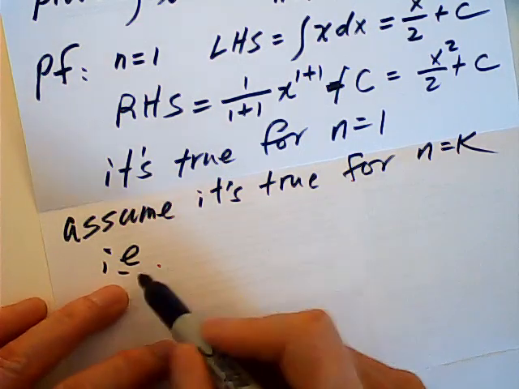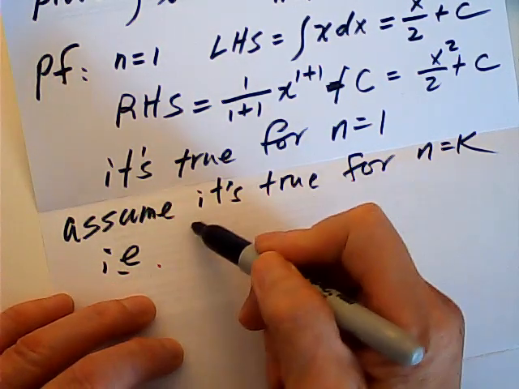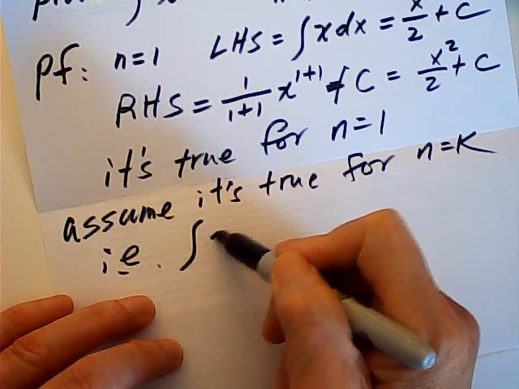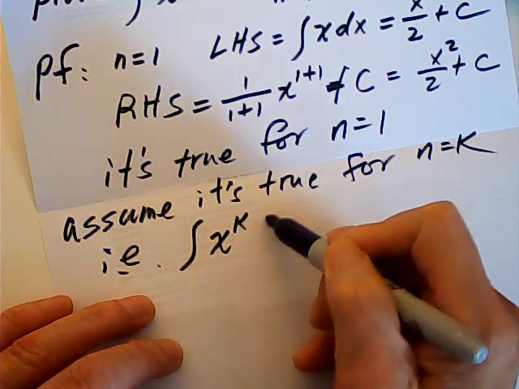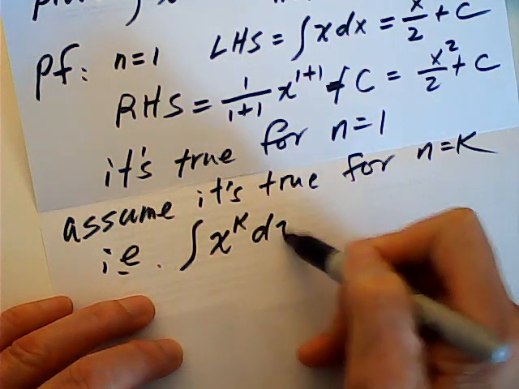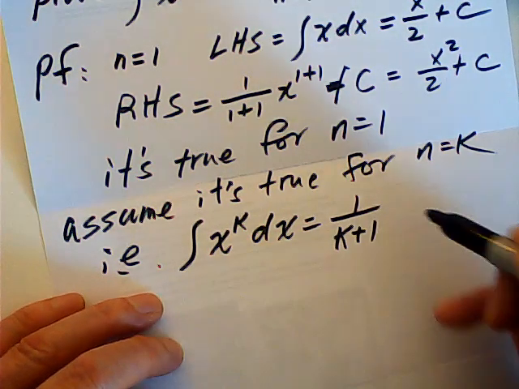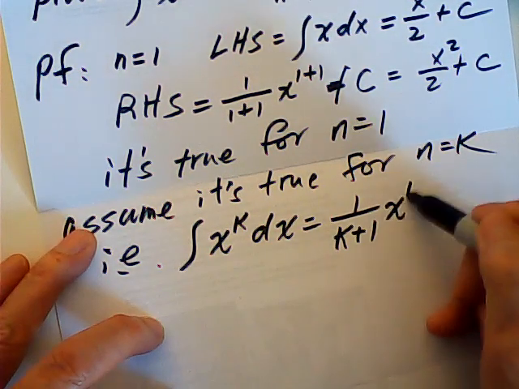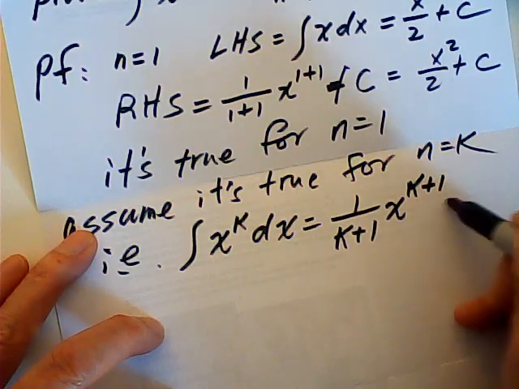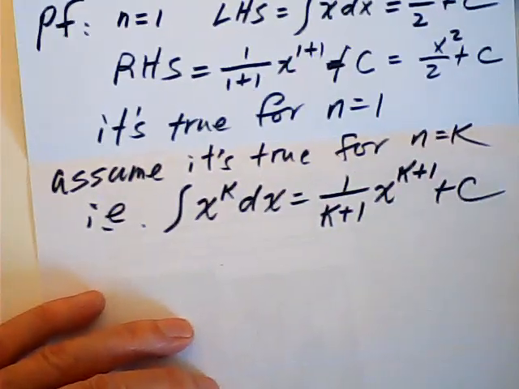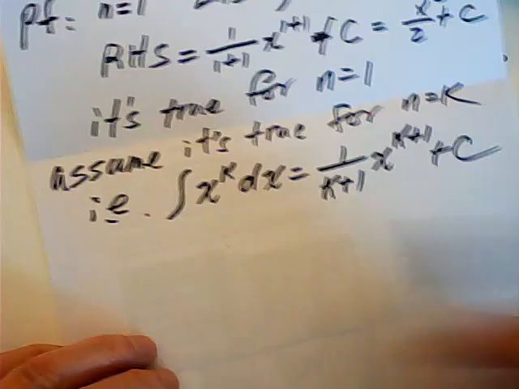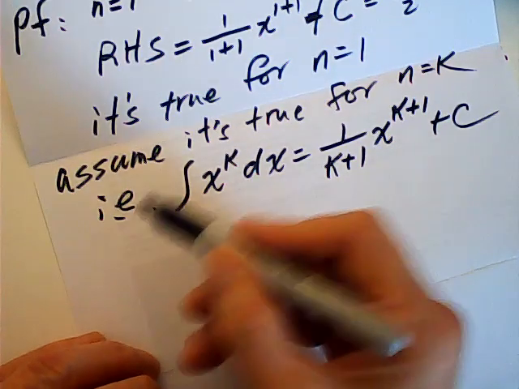So this means that the integral of x to the power of k dx is equal to 1 over k plus 1 times x to the power of k plus 1, plus c. This is just the assumption. Assume this is true.